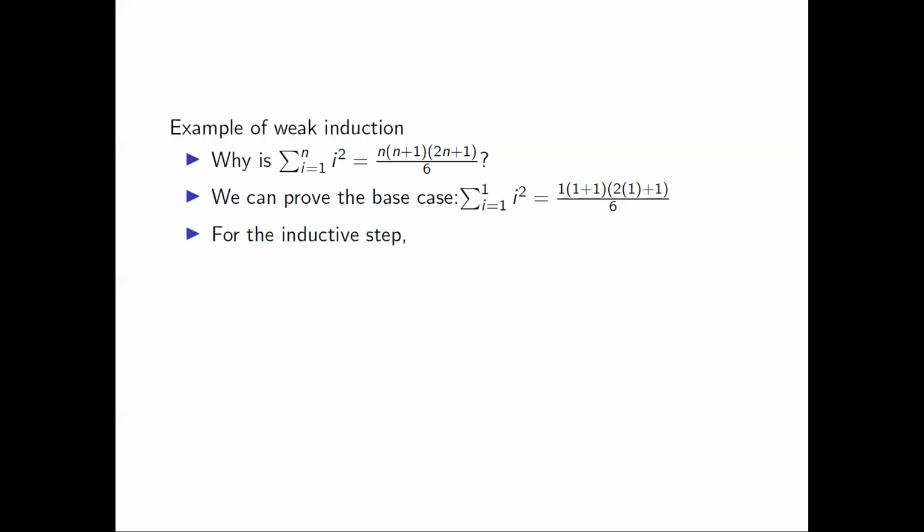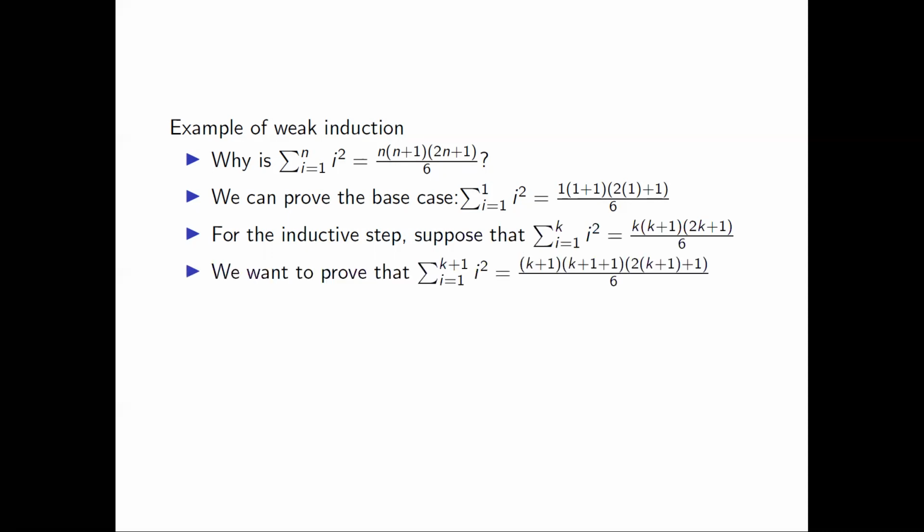Now, to prove the inductive step, again, this one is really similar to the previous ones. We'll suppose that the sum from i equals 1 to k of i squared is equal to k times k plus 1 times 2k plus 1 over 6. And we want to use that inductive hypothesis to prove the next step is true.